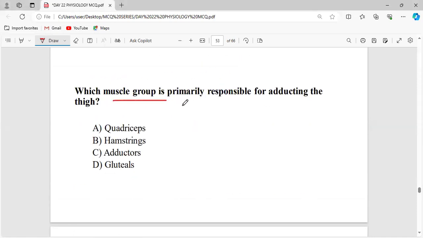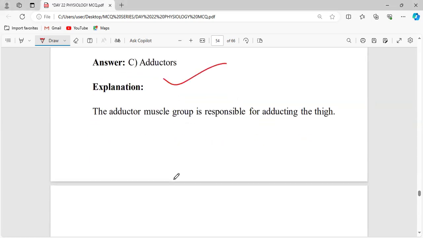Now, which muscle group is primarily responsible for adducting the thigh? That will be adductors. Okay.